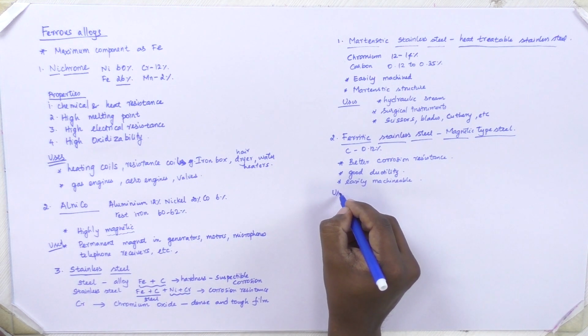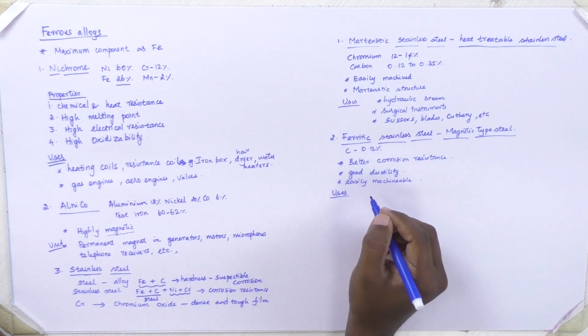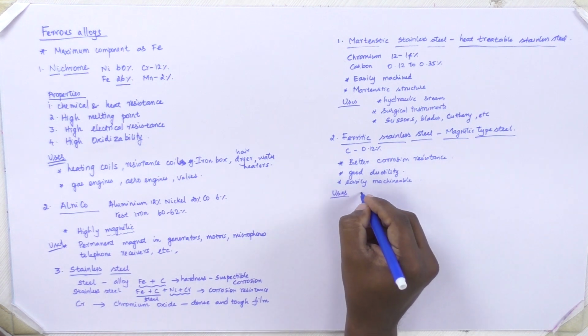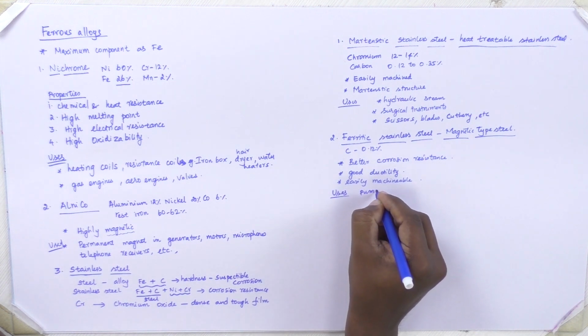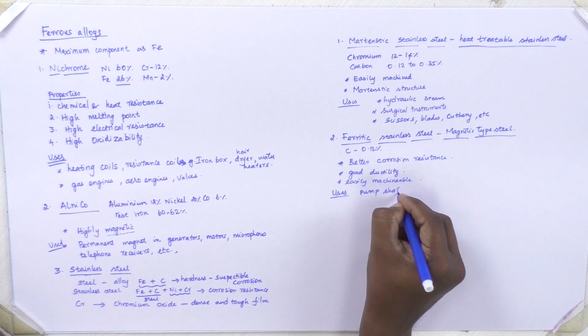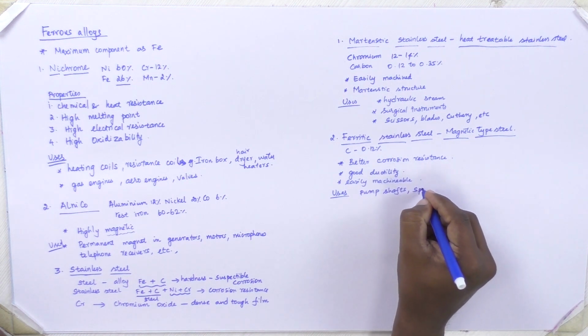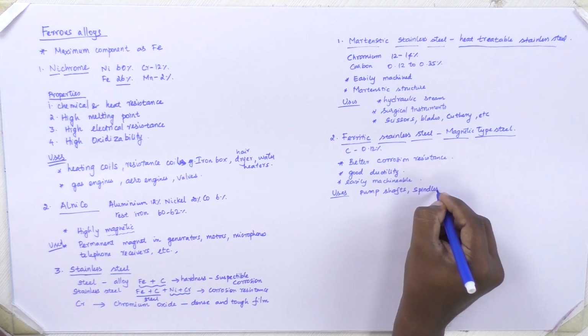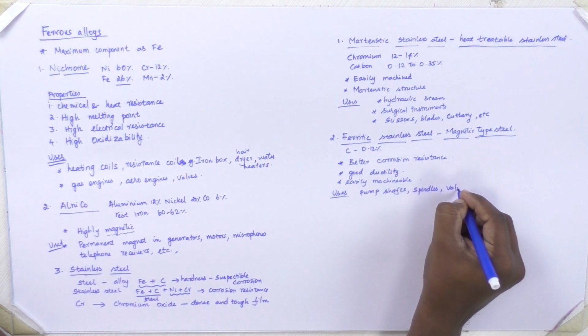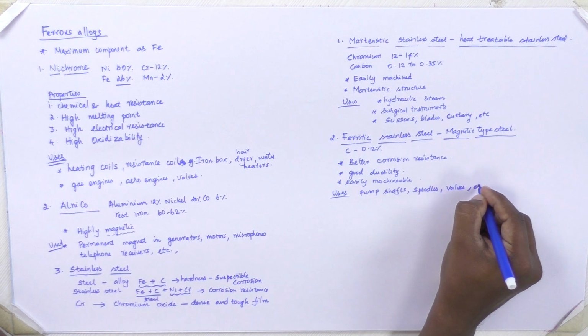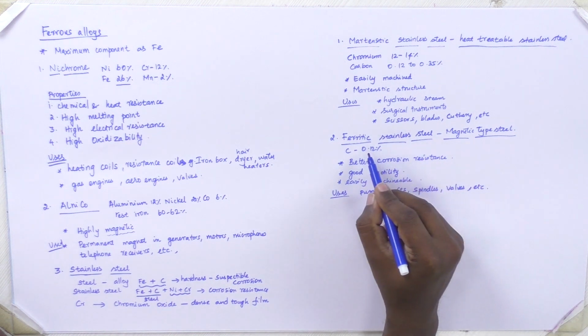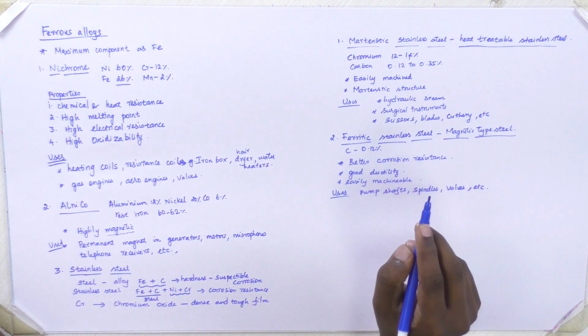The main uses of this ferritic type stainless steel are in pump shafts and spindles and valves. So these are all the places where we use this type of ferritic stainless steel.